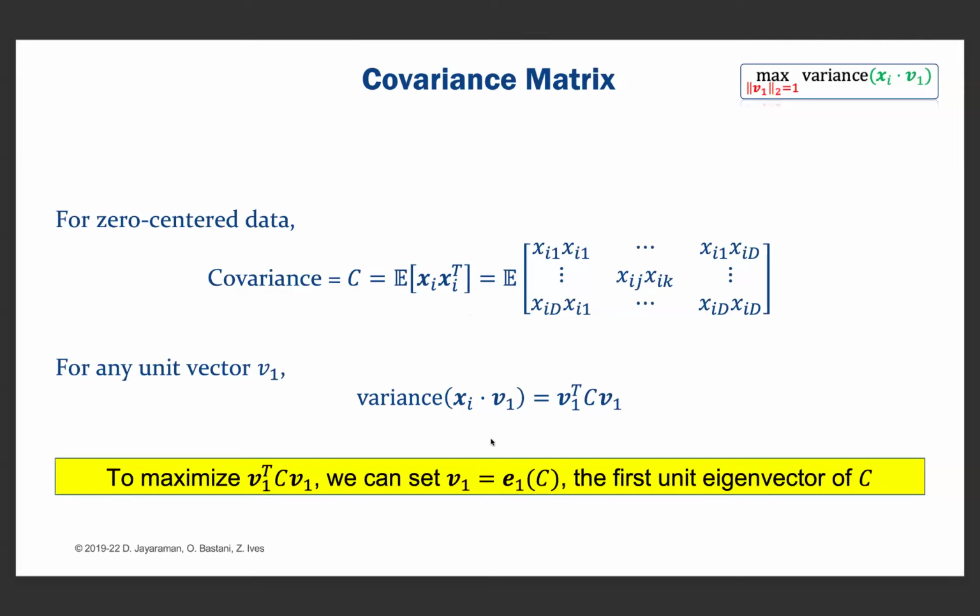And it can be shown that this is maximized for the eigenvector with the highest eigenvalue. Here it's assumed that all the eigenvalues are ordered in descending order, so E1 corresponds to the largest eigenvalue. So this one will be the largest if V1 is the eigenvector which corresponds to the largest eigenvalue of the covariance matrix.